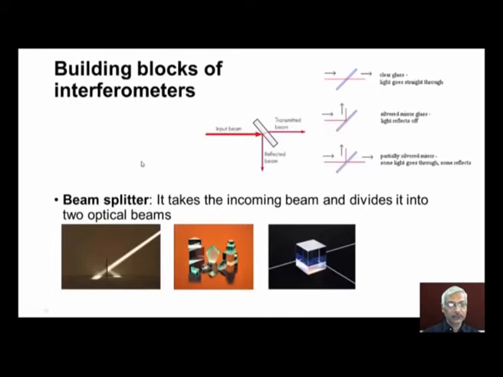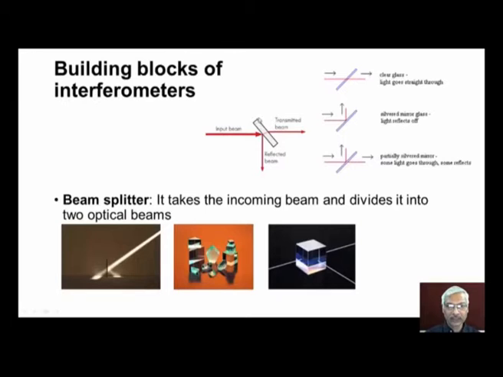Now let us study what are the various elements used in interferometers. Now we can see here a beam splitter, which splits the beam into two parts.